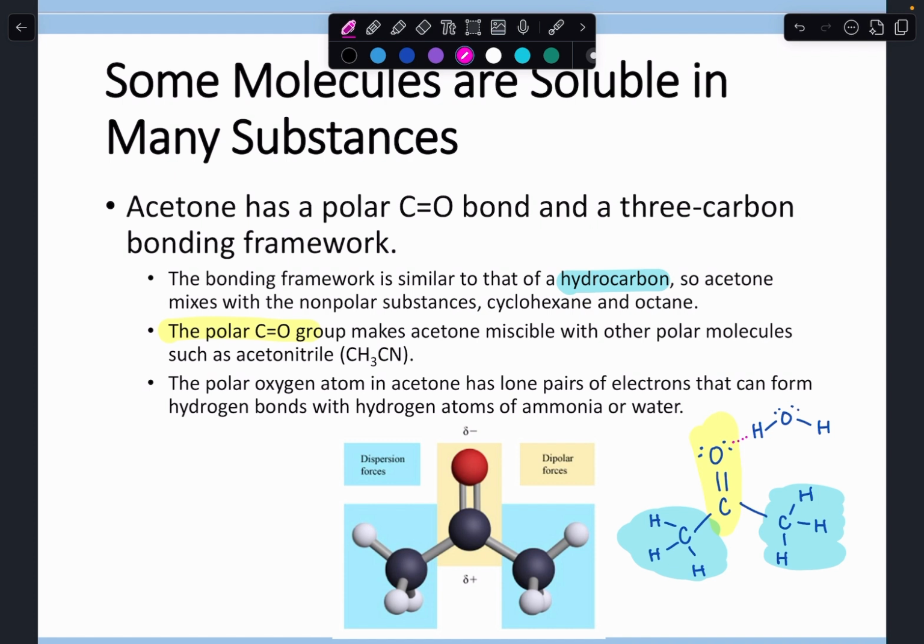So acetone, this is why it's such a good solvent. It is also nail polish remover. It dissolves nail polish as you're using that on a cotton ball or whatever you use. It is a really good solvent for that reason, and that's why we use it to clean glassware in the lab, because it can dissolve a lot of other substances. And then we just rinse it out.